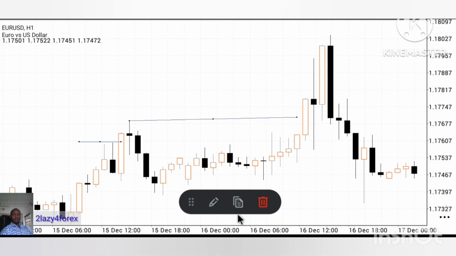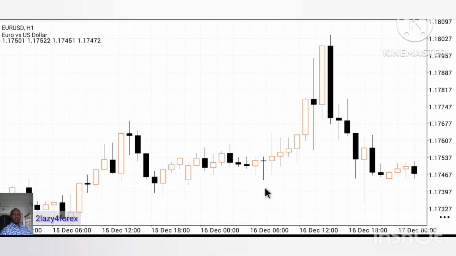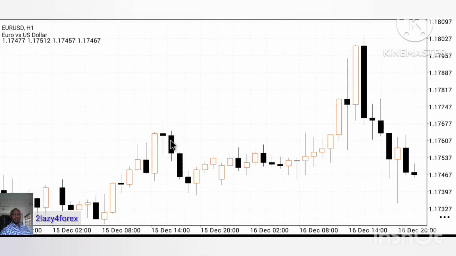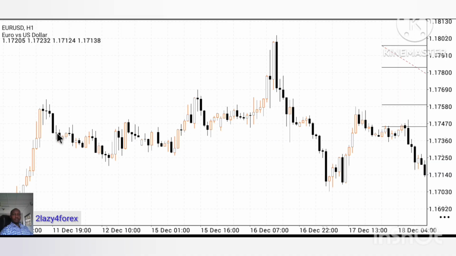Okay, let's do this. This is another low. This is a low. That is what I mean by my low. So this is the highest low for this move.